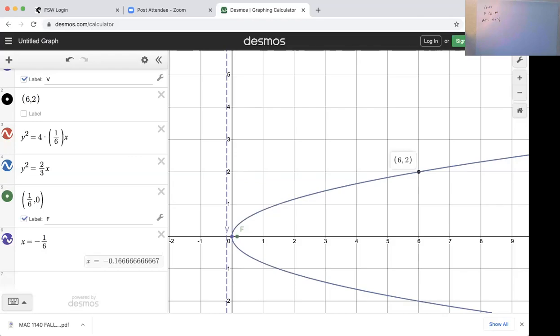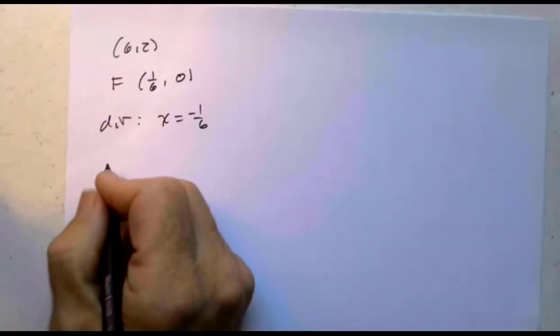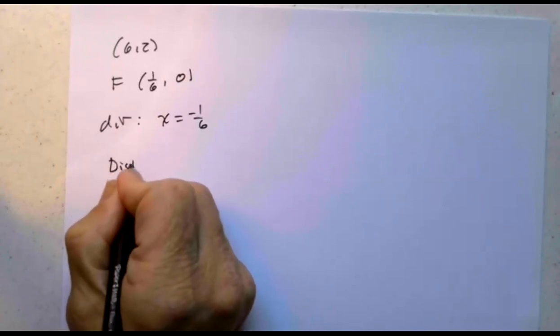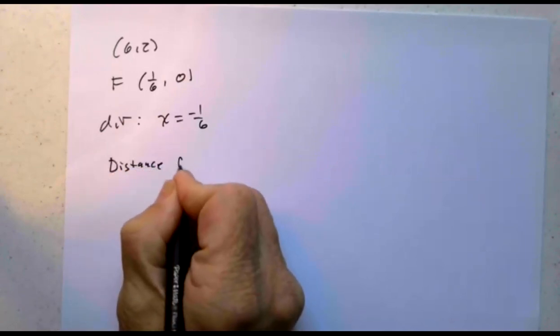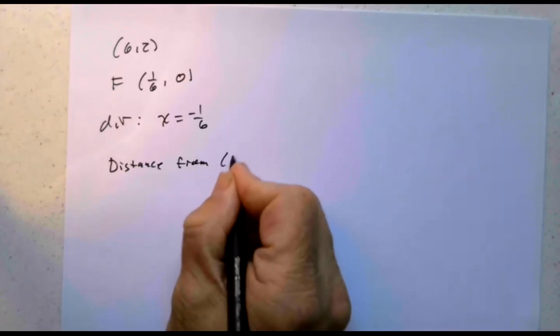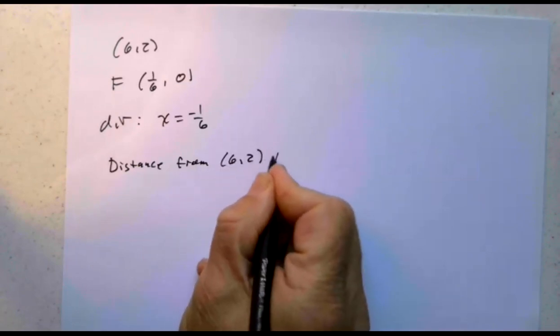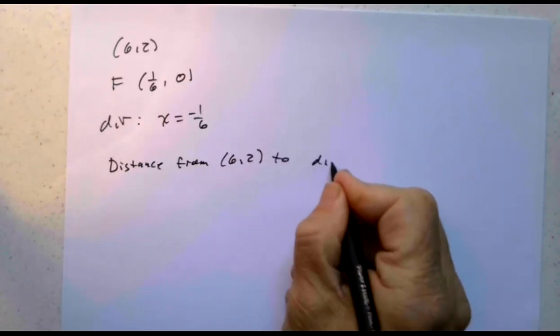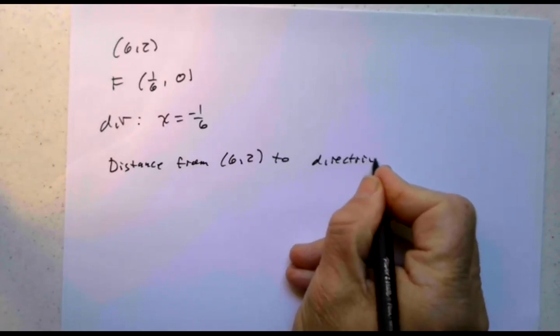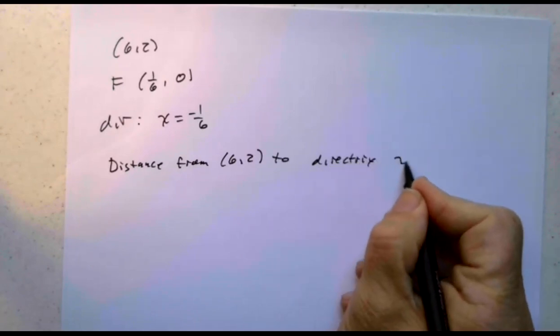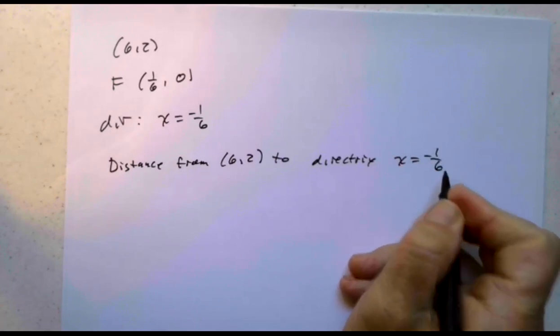What are we going to start with? What is the distance from the point to the directrix? Distance from 6, 2 to the directrix. The directrix is the line x equals negative 1/6. Well, I hope that's obvious.